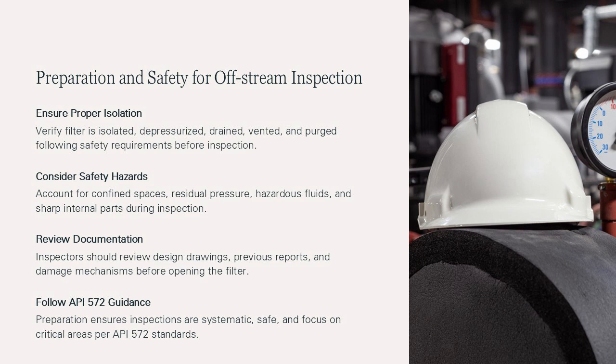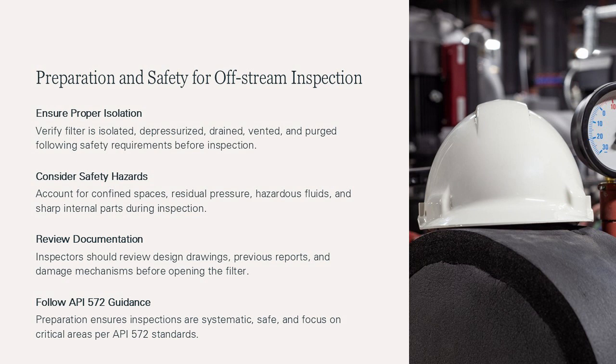Confined space, residual pressure, hazardous fluids, and sharp internal components must be considered. Before opening the filter, inspectors should review design drawings, previous inspection reports, and known damage mechanisms. This preparation aligns with API 572 guidance and ensures that inspection activities are systematic, safe, and focused on the most likely areas of concern.